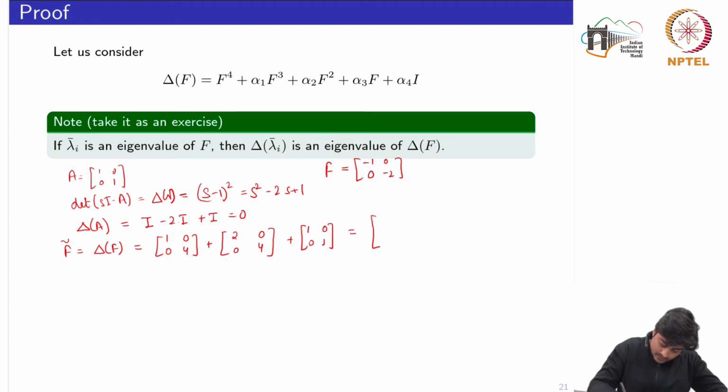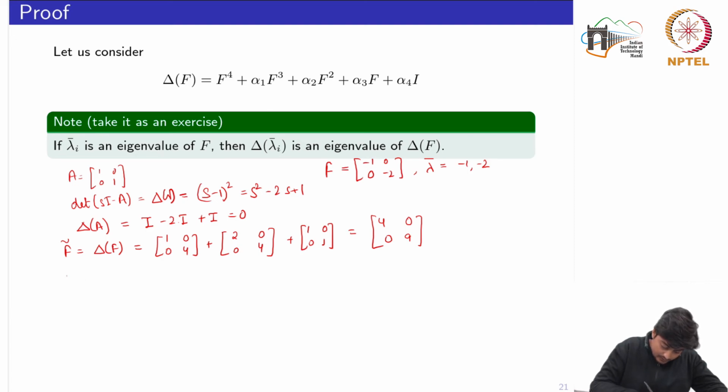So this matrix happens to be F tilde. Now it says if lambda I bar is an eigenvalue of F, so lambda I bar are -1 and -2 of this matrix, then we need to compute and verify that delta of lambda I bar is an eigenvalue of this matrix F tilde.